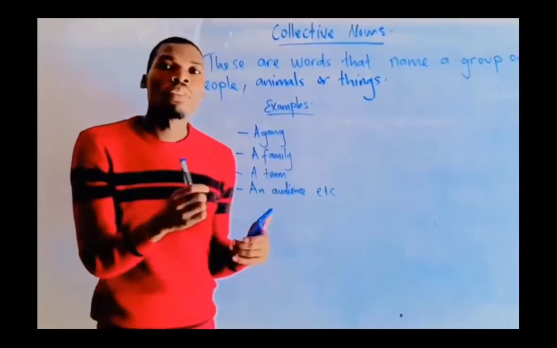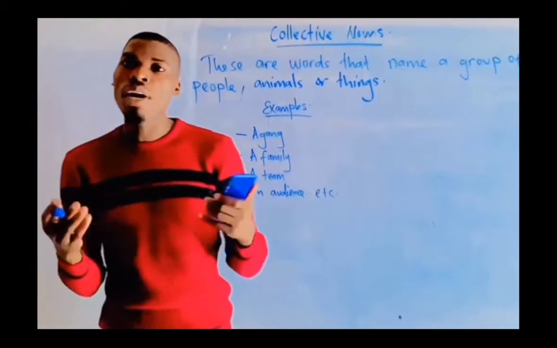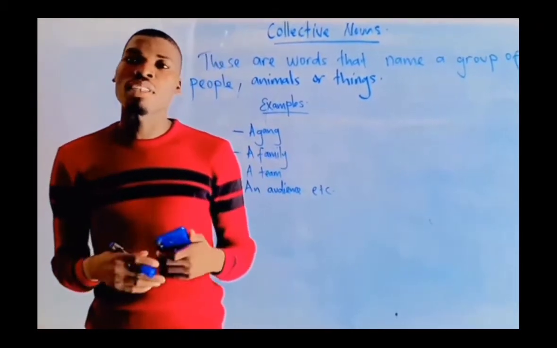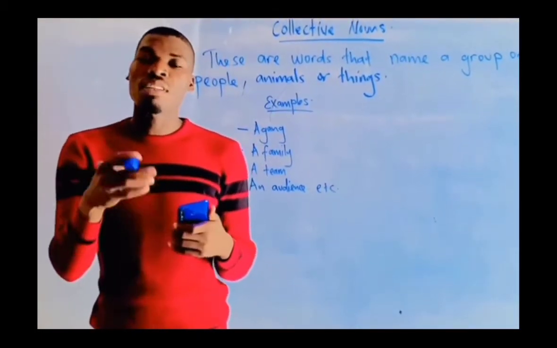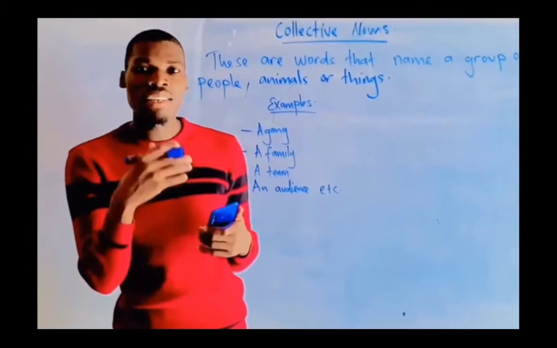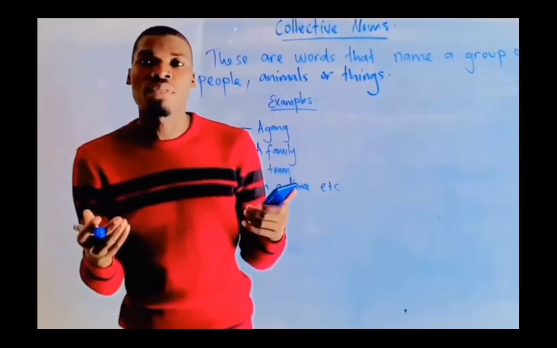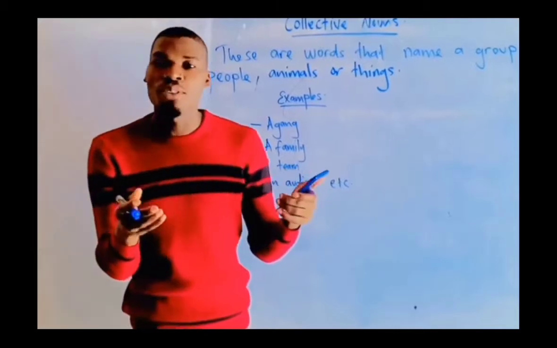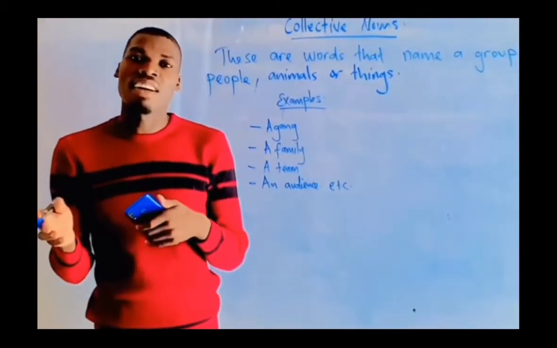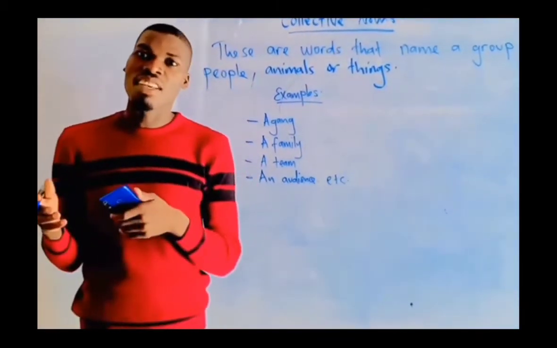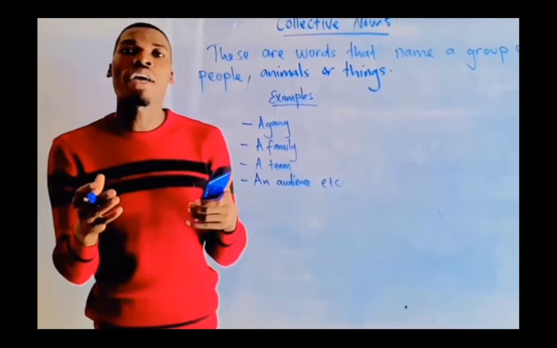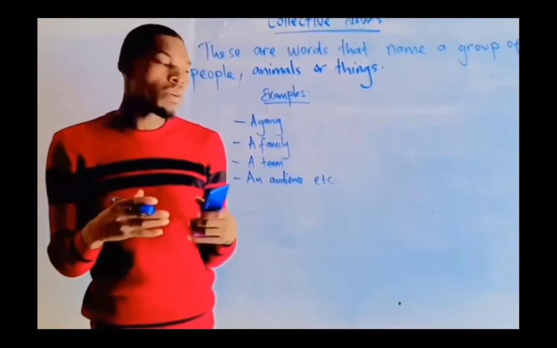A team is a group of people working together. We can call it a team. For instance, at work, you always work in a team. We also have teams like football clubs. For instance, Arsenal, the best team. Manchester, Leicester, Chelsea. You see, those are teams. Why? They work as a group.